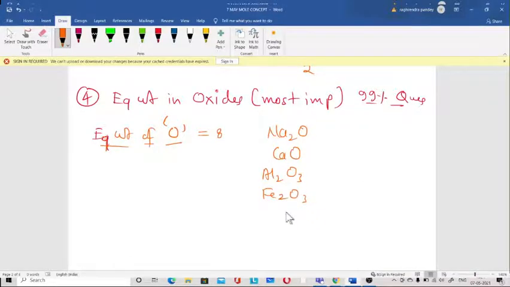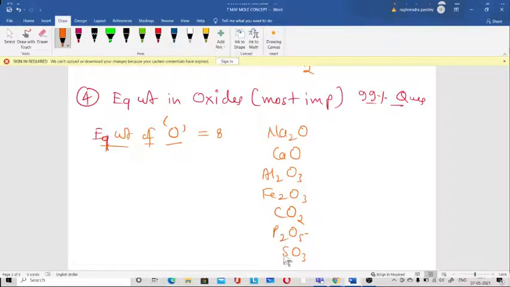Then we can take carbon dioxide, P2O5, then sulfur trioxide. There are various oxides, of metals or non-metals.